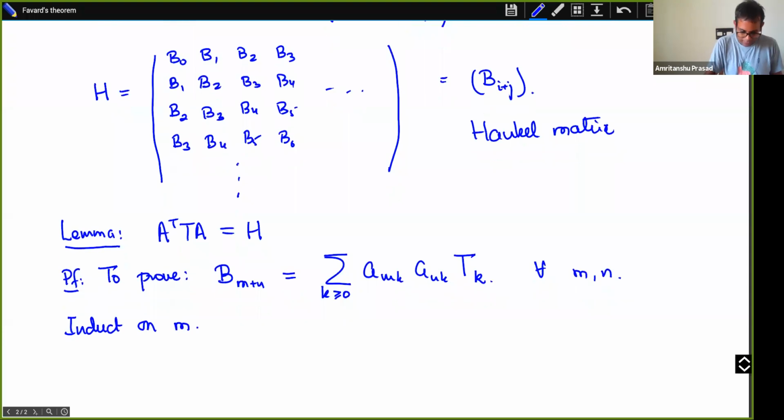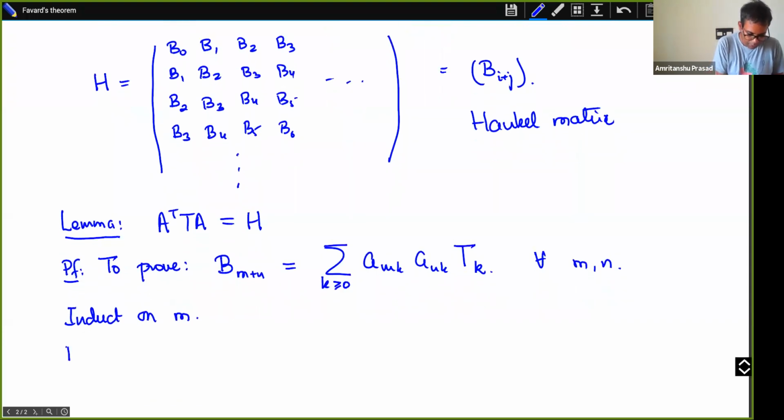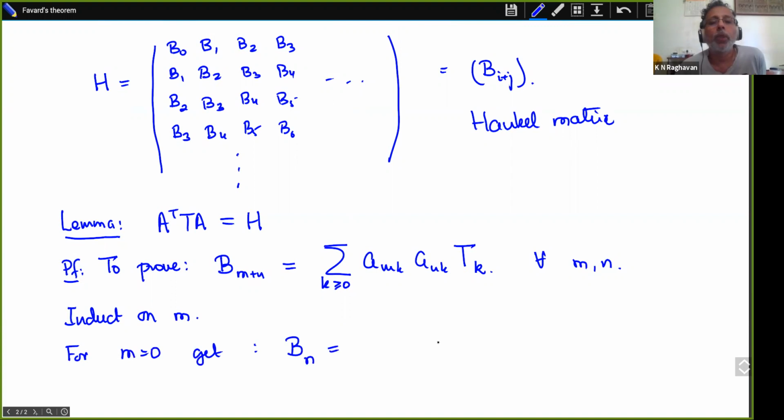The base case is m equals 0, where what you get is B_n. So this was H_{m,n}, right? Okay, it doesn't matter.